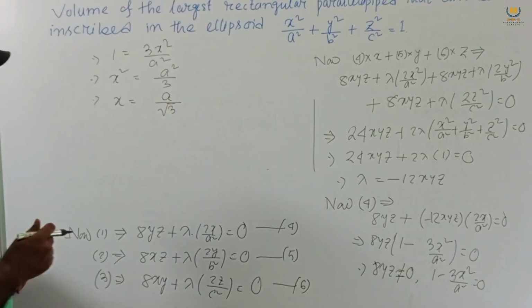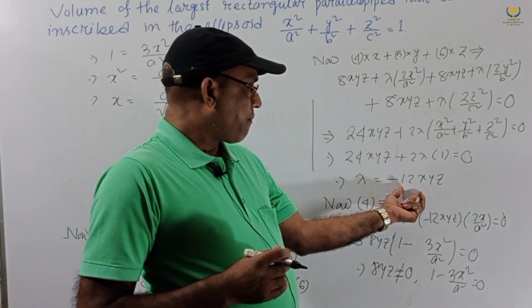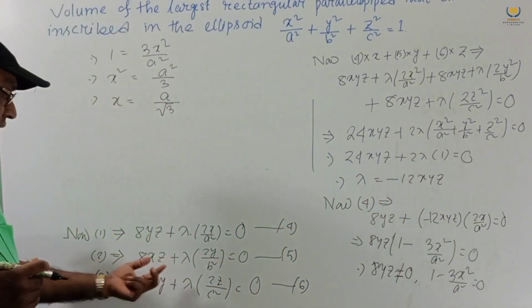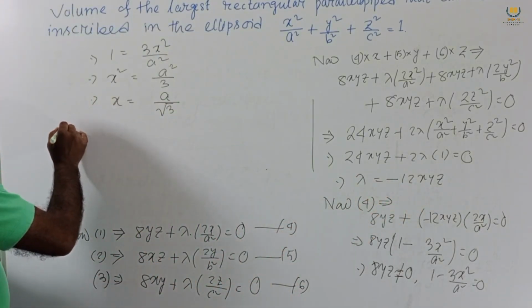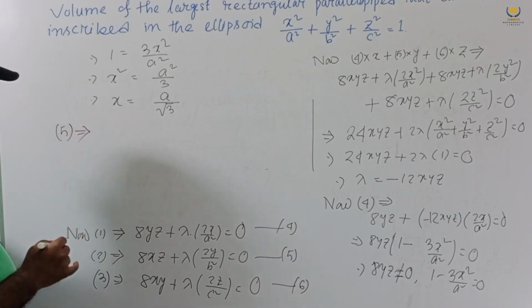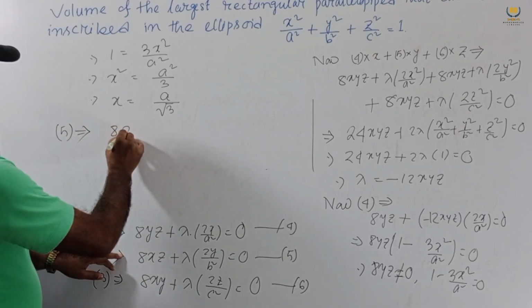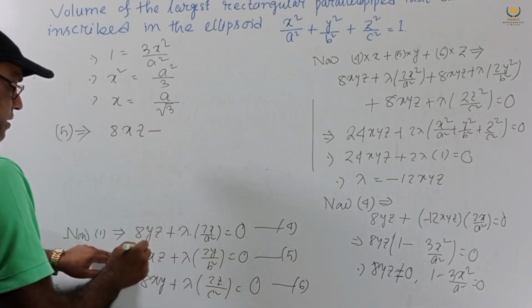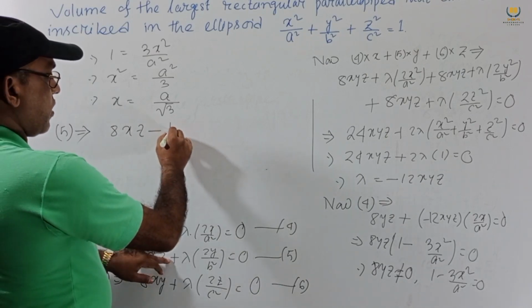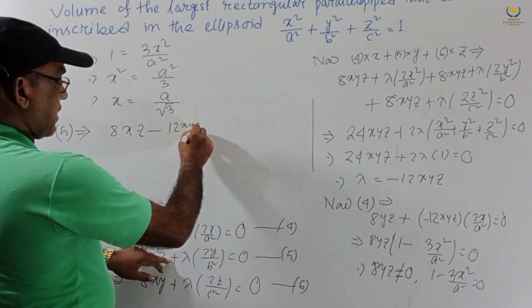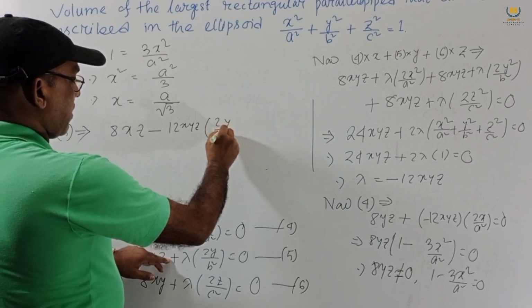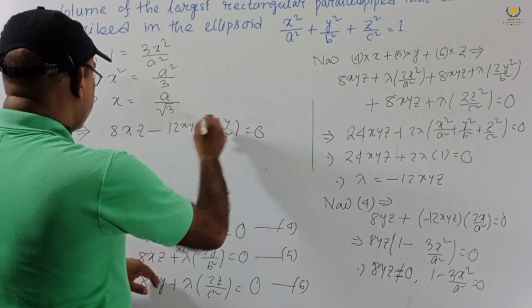X we get. Again this value of lambda, if we put in equation number 5, again 5 implies we get 8xz minus 12xyz into 2y by b square equal to 0.